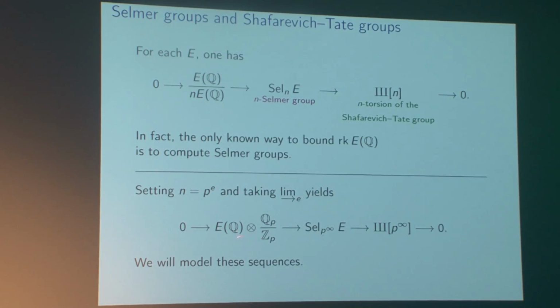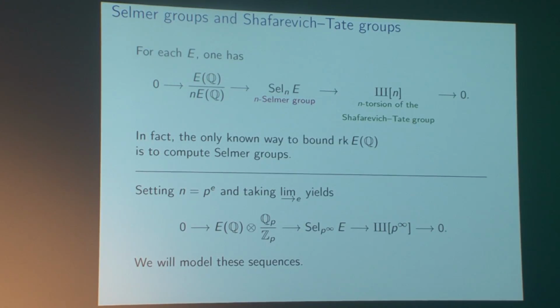And then you have this group that will be isomorphic to (Qp/Zp)^r, where r is the rank. And on the right, you'll have the p-primary part of the Tate-Shafarevich group, which is conjecturally a finite group. So if you believe that, then once you know the p^∞ Selmer group, you know the rank, because you just look at how many copies of Qp/Zp there are in there, and what's left over is finite.